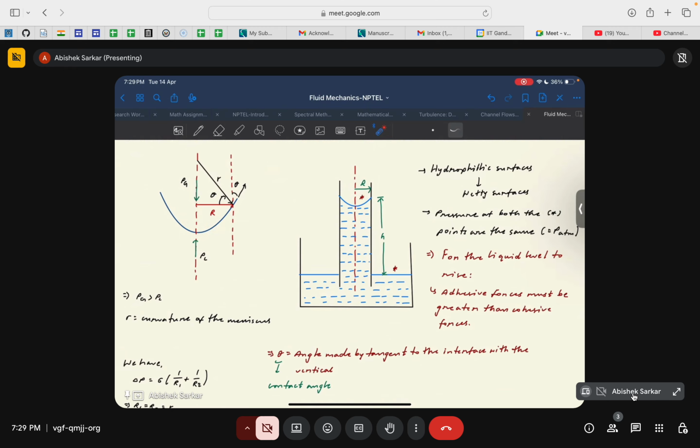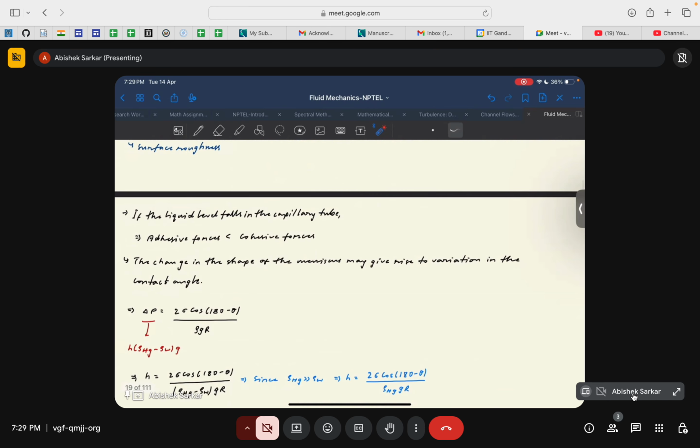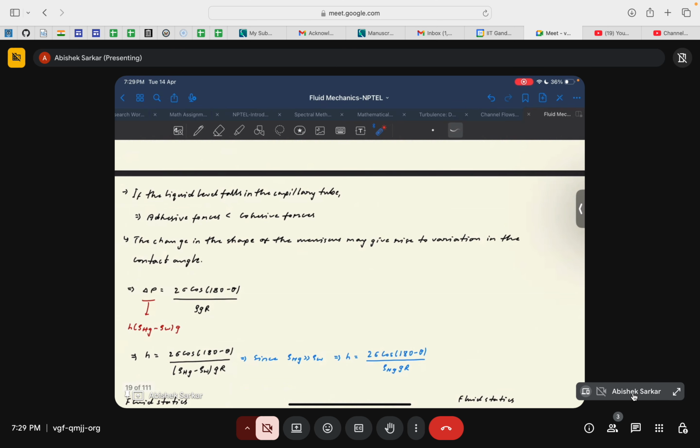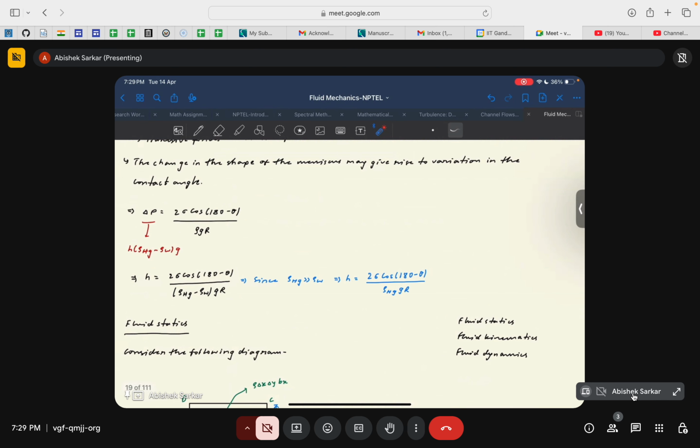The most common fluid is water, but there are scenarios where the adhesive forces are lesser than the cohesive forces, an example of which is mercury. In this case the formula for the capillary rise changes slightly. The capillary rise is given by 2 sigma cos(180 minus theta) by rho g r, where rho is the density of the fluid.